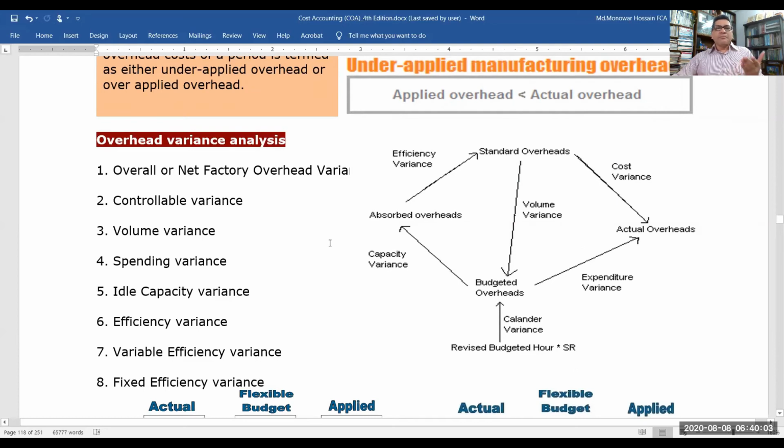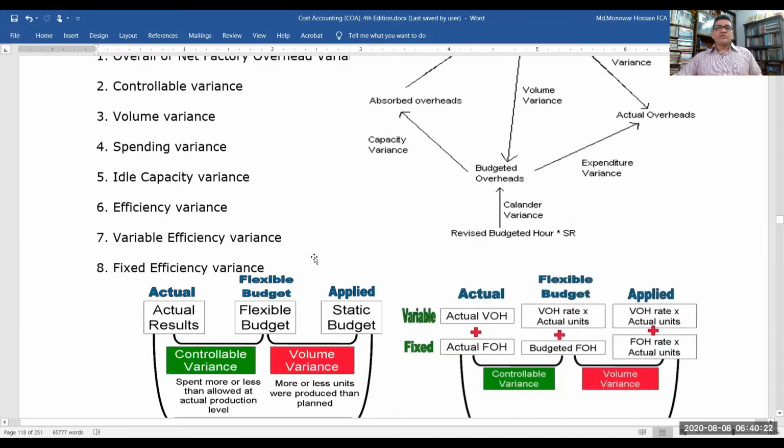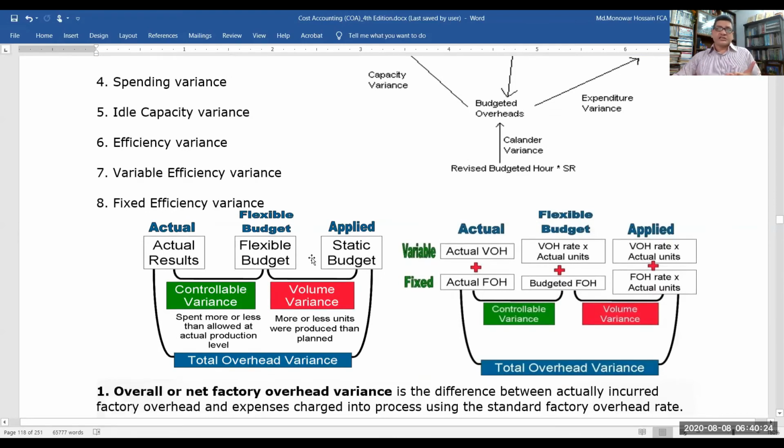For overhead variance analysis, we do the overall net factory overhead variance analysis, controllable variance, volume variance, spending variance, idle capacity variance, efficiency variance, variable efficiency variance, and fixed efficiency variance, and we will learn all these things in our standard costing chapter.